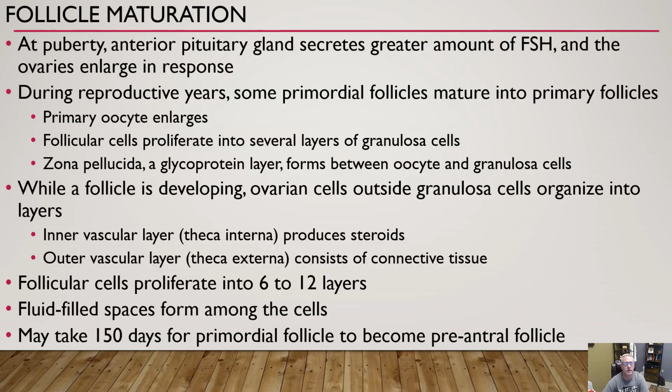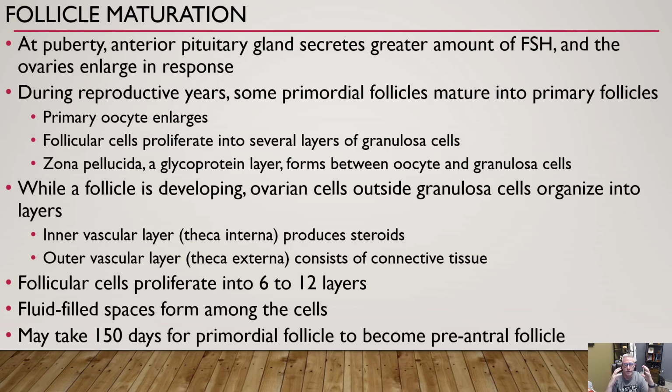All right, follicle maturation. So once females hit puberty, that anterior pituitary gland is going to release a ton of FSH, follicle stimulating hormone. And that follicle stimulating hormone is going to go down to the ovaries and stimulate the ovaries to do their thing.